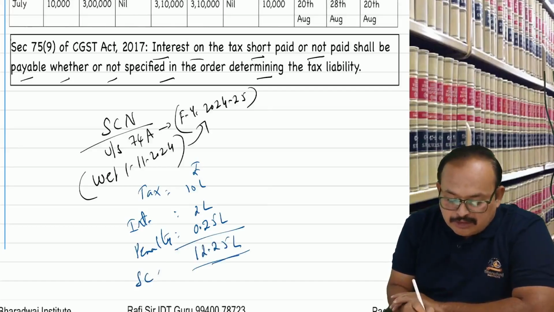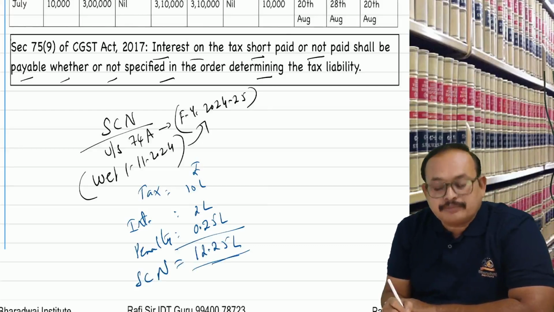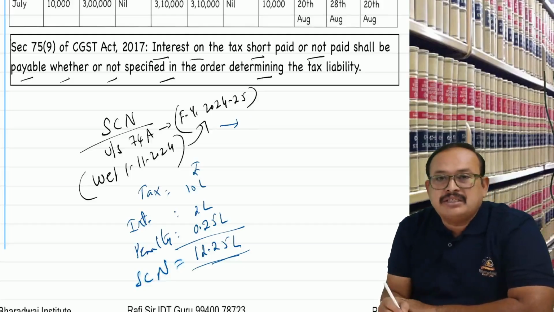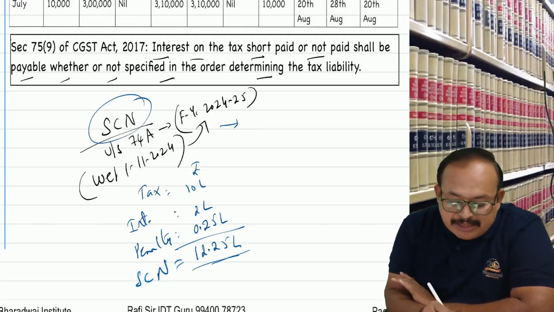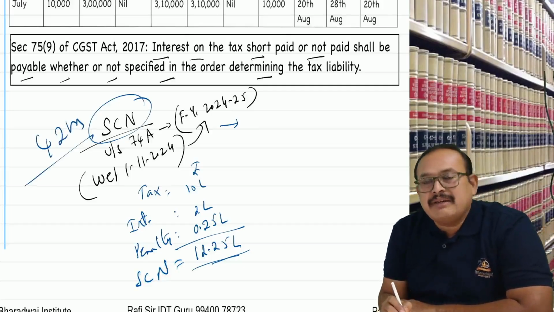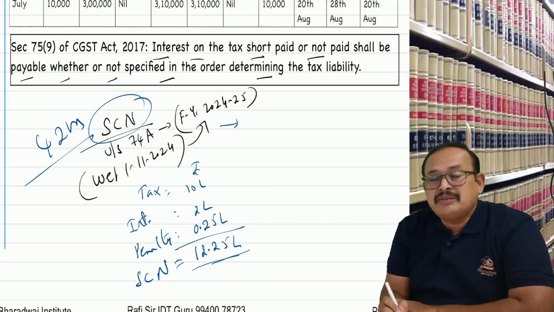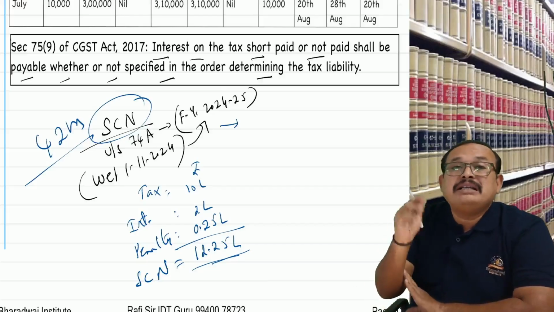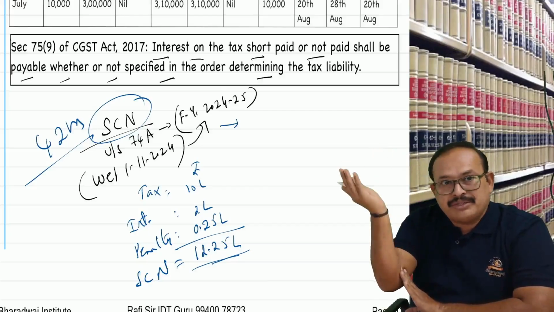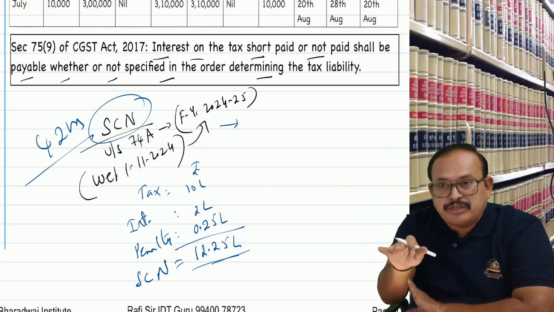Show cause notice issued. After that, as you are aware, from the date of issue of the show cause notice, the time period for issuing a show cause is 42 months from the relevant date. The relevant date is the due date of filing the annual return for the financial year. From that date, within 42 months the show cause must be issued.